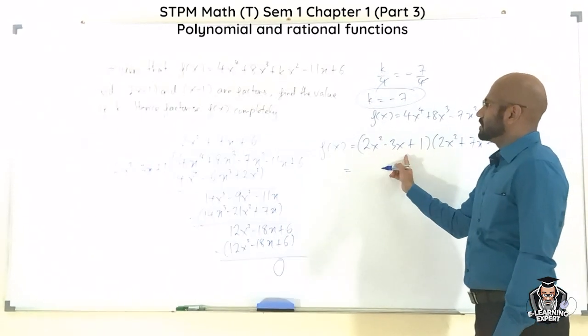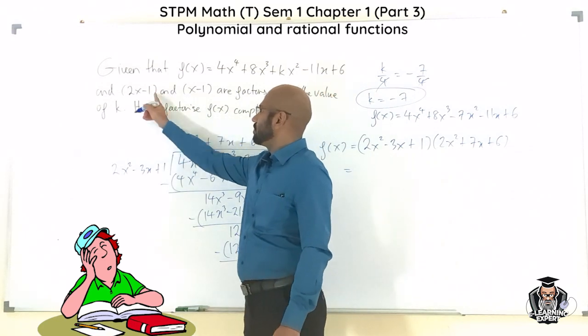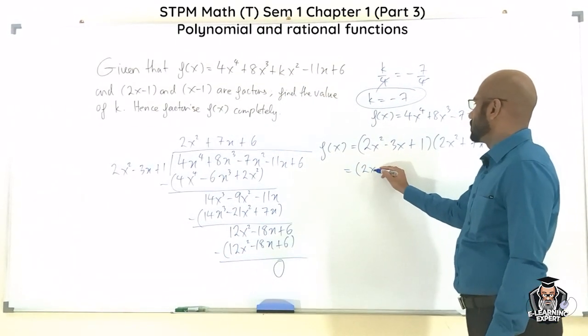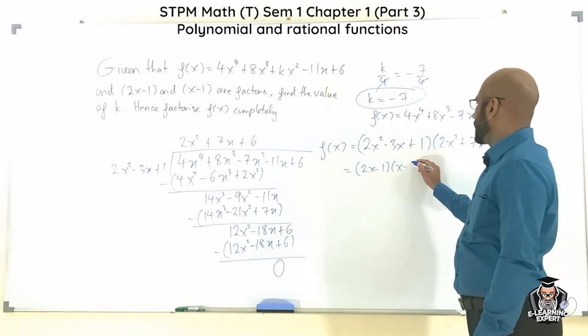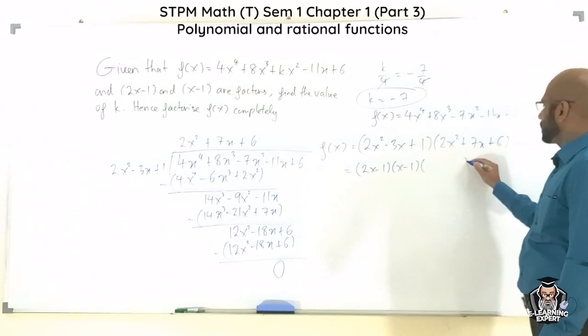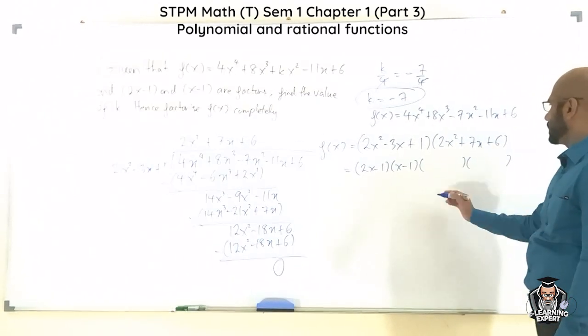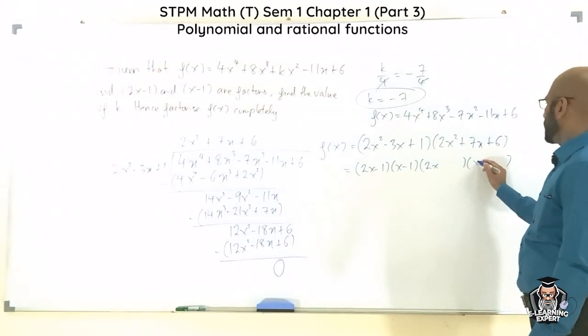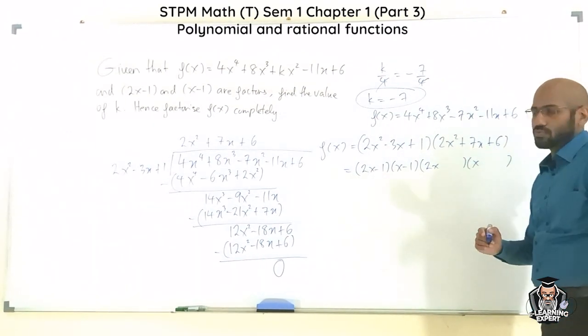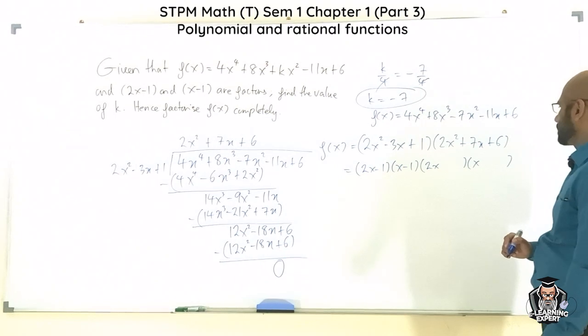And this factor was the expansion of these two. So I can further break down into two brackets, 2x minus 1, x minus 1 over here. This is a quadratic. I could break this up into another two brackets over here. 2x, x, I want to get a 7 over here. So what should I use? 1 and 6 or 2 and 3?